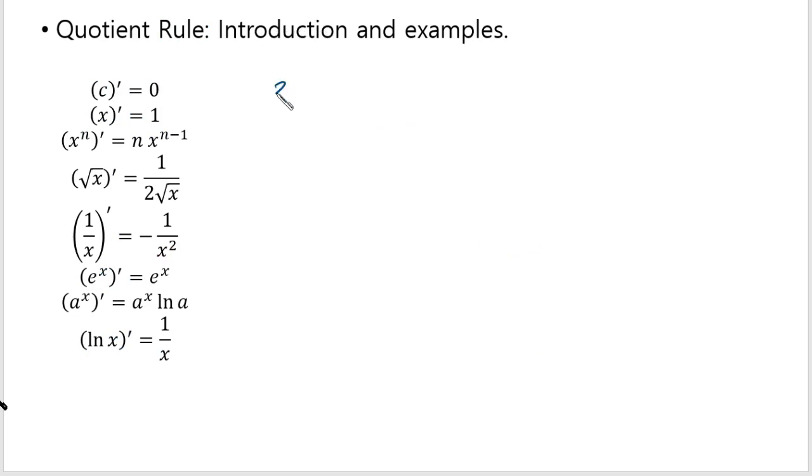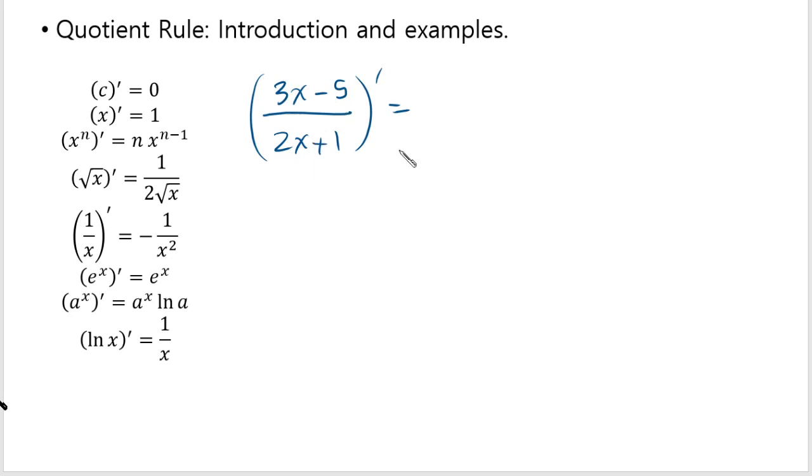Here's a simple example. 3x minus 5 over 2x plus 1, prime. Well, this is a fraction. There's no way around it. You cannot do other algebraic simplification to make it into a non-fraction.